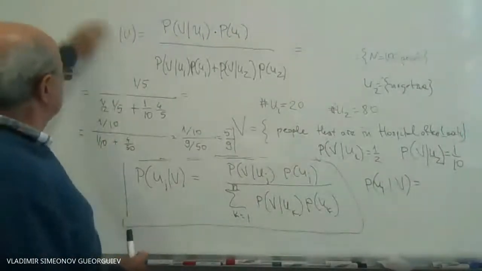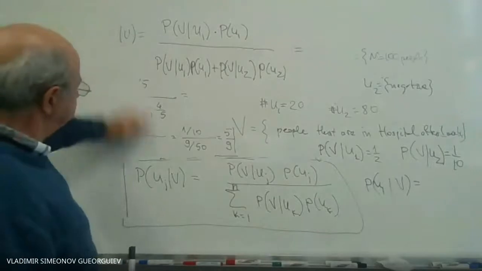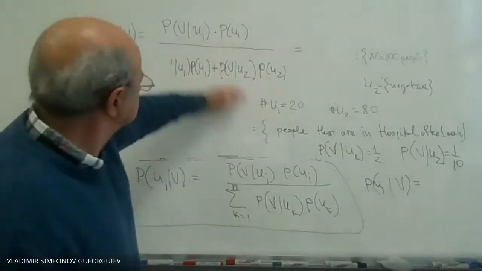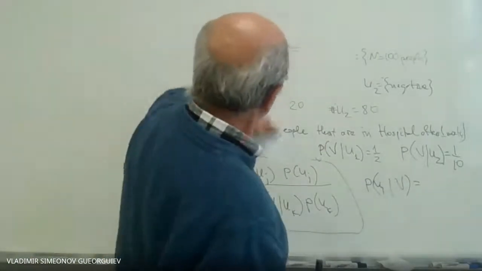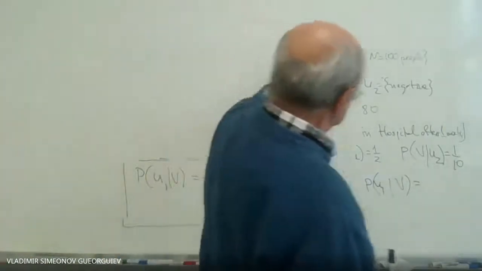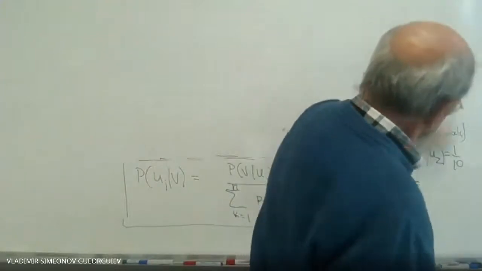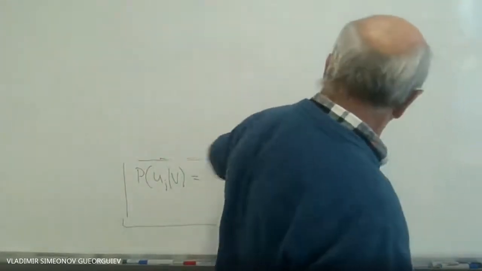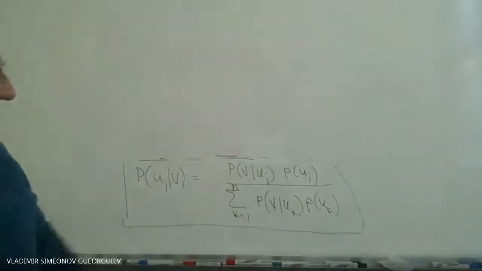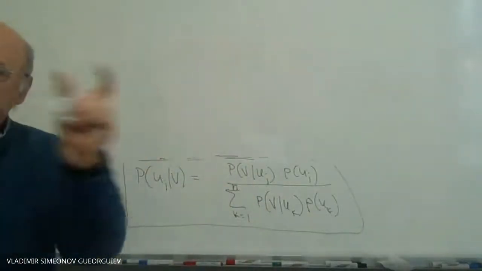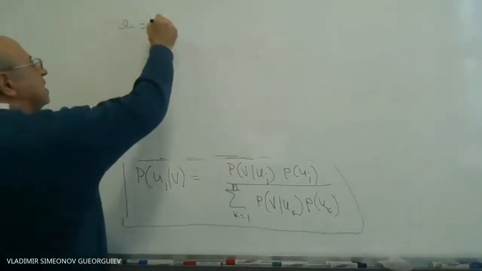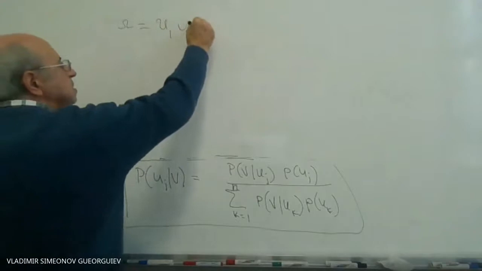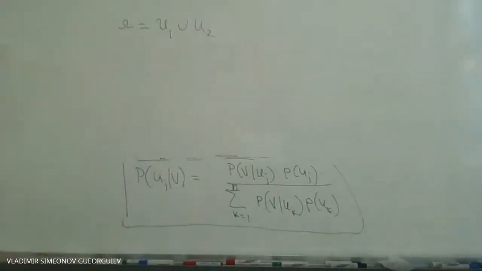Let us try now to understand this formula in a very simple way, to see that this formula is true when we have a division in two sets. So when we represent omega as U1 union U2, what can we say?